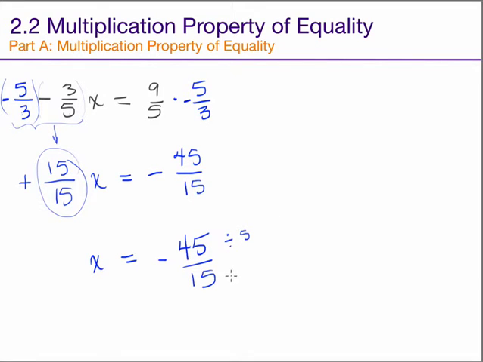I can tell because they both end in 5. So if I divide both the top and the bottom of this fraction by 5, I get 45 divided by 5 over 15 divided by 5.